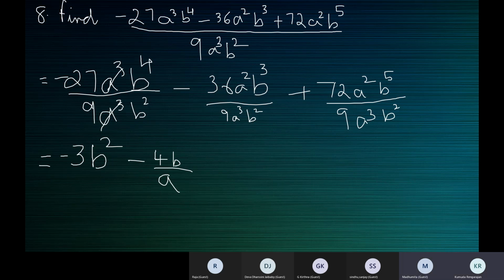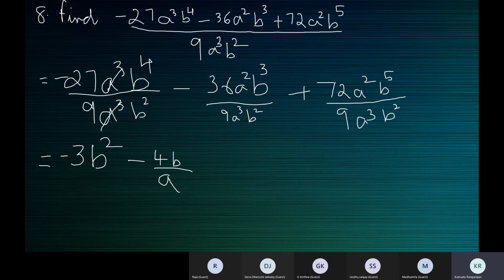Yeah. Now when you cancel, there are 2 a's in the numerator and 3 a's in the denominator. When you cancel 2 a's, one more a remains in the denominator. And this is b cubed and b square. 3 b's in the numerator, 2 b's in the denominator. So 1 b remains in the numerator.